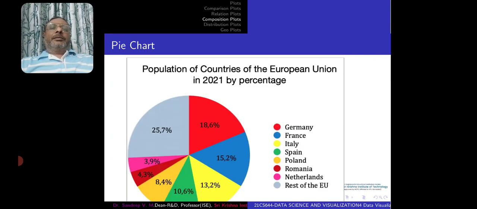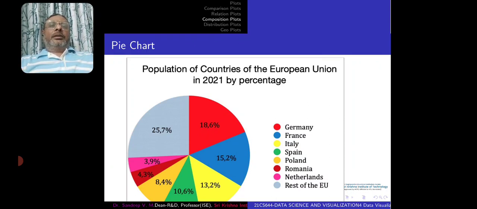So that's an example of a pie chart. Here it is talking about the population of countries of the European Union in 2021 by percentage. The total circle talks about the total population of the European Union, and each country's share of this total population is shown.